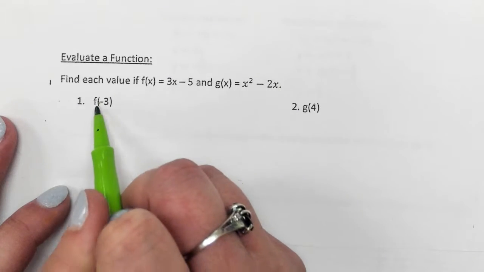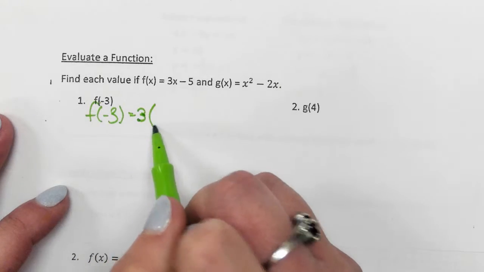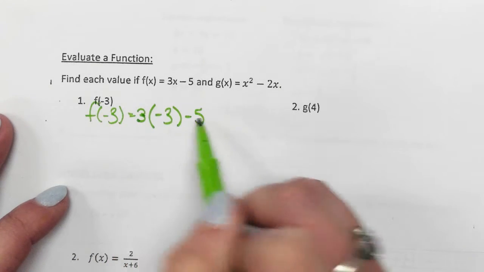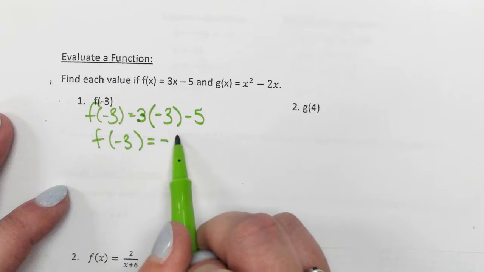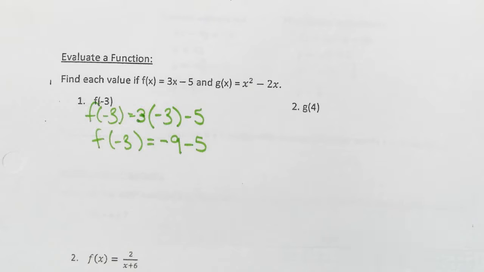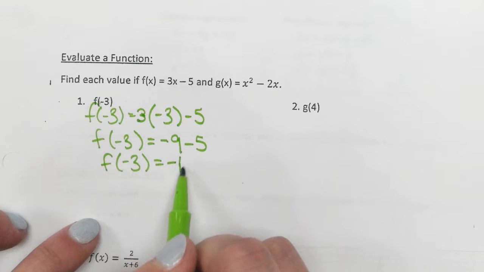Here we go. So you've got f of -3 equals 3 times -3 minus 5. So that's -9 minus 5. That's -14.